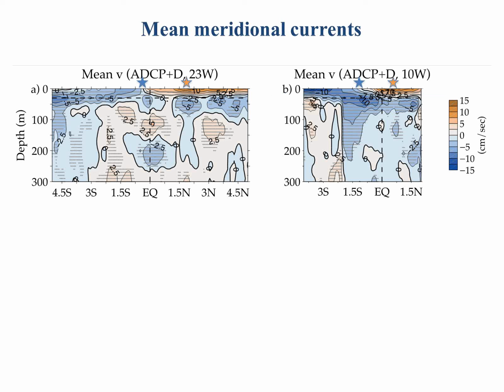This dashed line shows you where the equator is on this section, and this dashed line shows you on this section. You notice it's south of the equator where you transition from southward to northward flow, and as you move from 23 west to 10 west, that transition is further southward. Also, the location of the maximum north of the equator moves southward as we move from 23 west to 10 west.